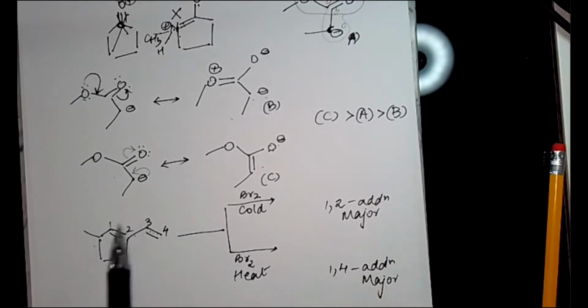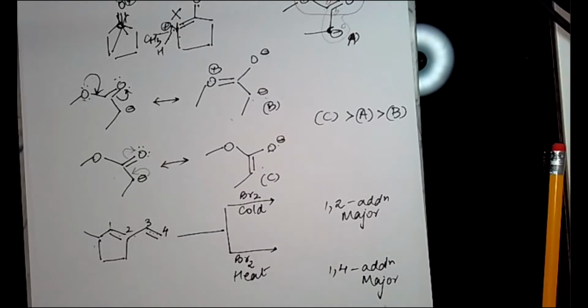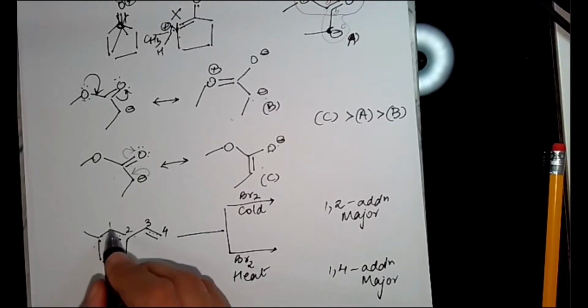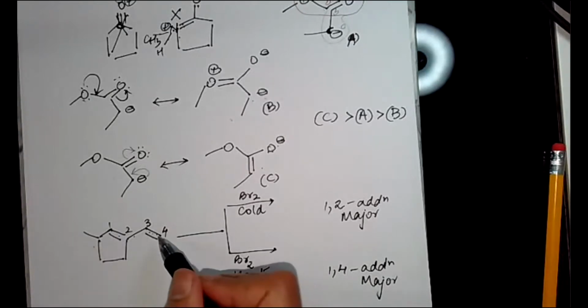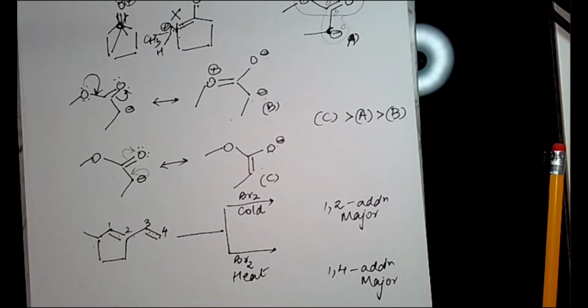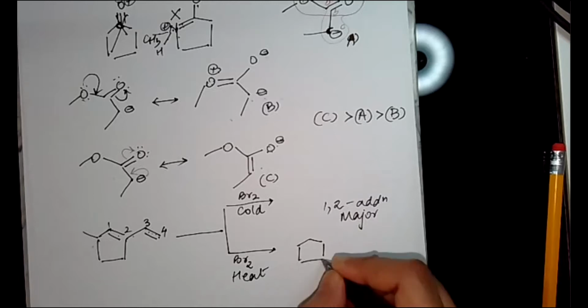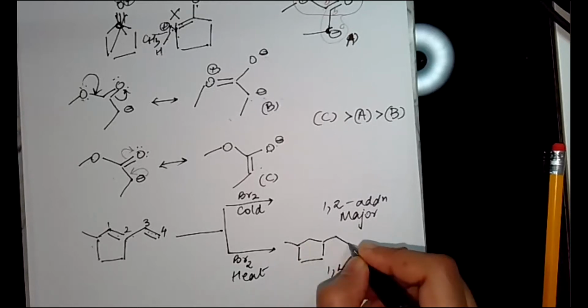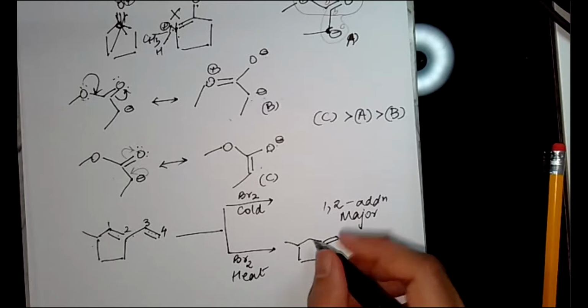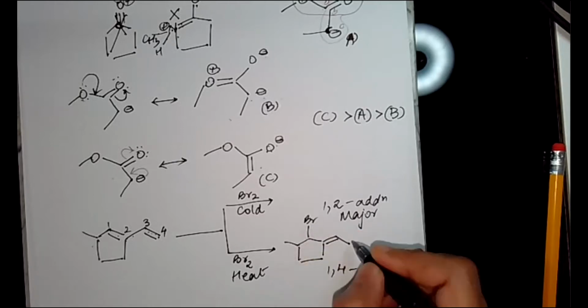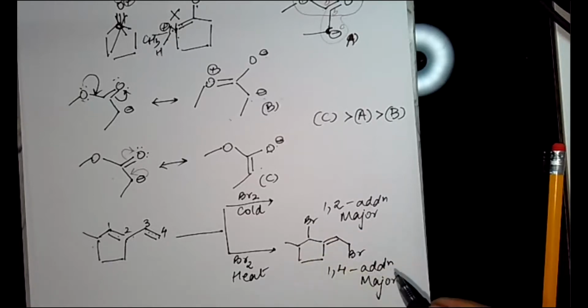Of course, others will form, but this is going to be your major product, where your incoming groups will settle here. And why not? So let's say I put a bromine here and I put a bromine here also.